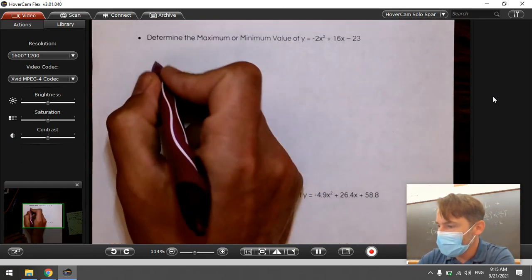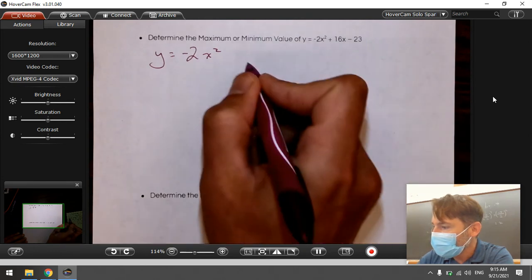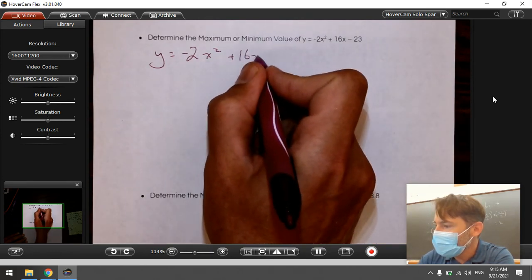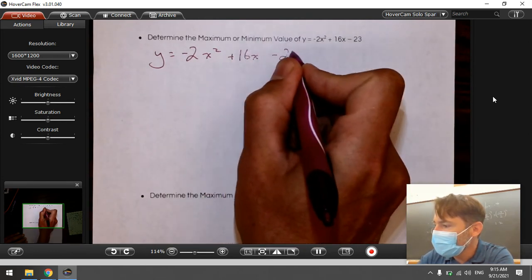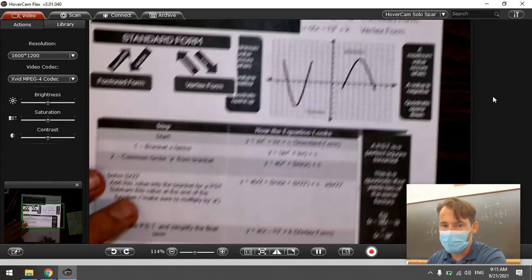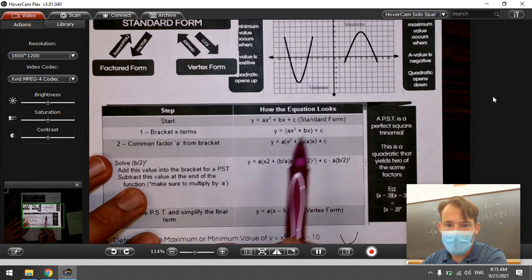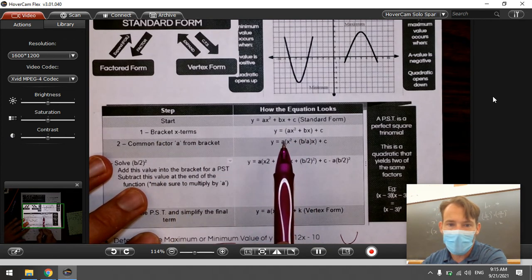So here we go. First thing is rewrite. y is equal to negative 2x squared plus 16x minus 23. My first step, and if you go over here, it gives you the step-by-step things to do. The first thing I want to do is bracket the x terms and factor out the a. We didn't have to do that last time because we didn't have an a.